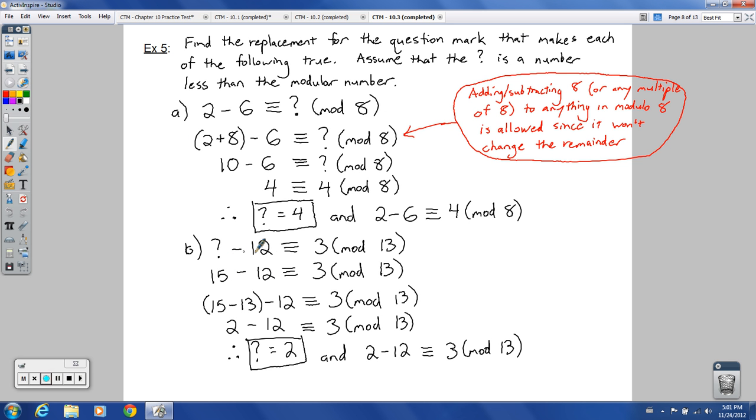I can't leave that as my final answer because 15 is not less than 13, but since it's modulus 13, you could subtract the modulus. It's going to give you the same remainder. If you add or subtract the modulus from a certain number, it'll give you the same remainder in the end.